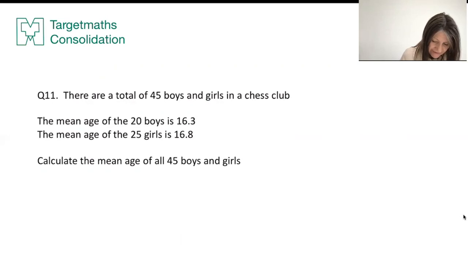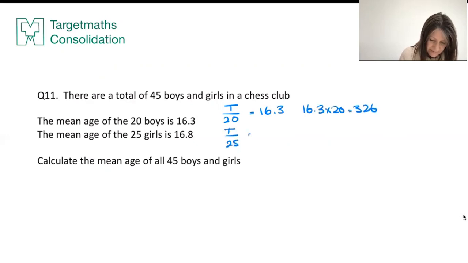So the boys have a total that when it got divided by 20, gave 16.3. So we will do 16.3 times 20 and get 326. Girls, there were 25.